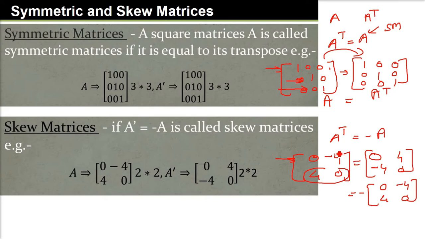Now this was A and this is also A, but with a negative sign. So A transpose is equal to negative A, the original matrix. When A transpose equals negative A, it is called a skew matrix. Symmetric: A transpose equals A. Skew: A transpose equals negative A.